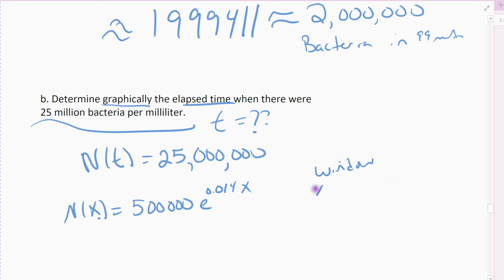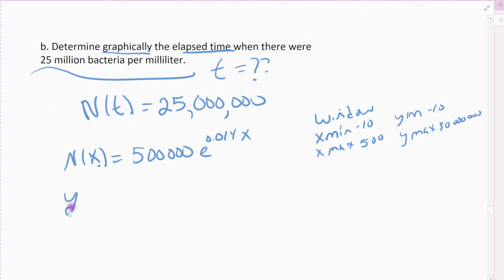I'll leave x minimum at -10, but I'll change my x max to 500 and see if I go from there. My y min I'll leave -10, but my y max I'm going to go up to 30 million. Make sure of 30 million, because I need to go past 25 million. So that's what you'll have to change your window to.